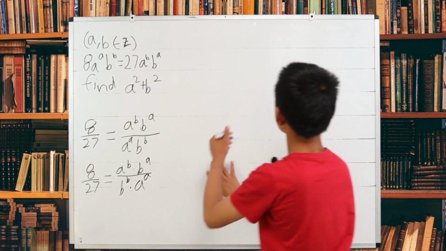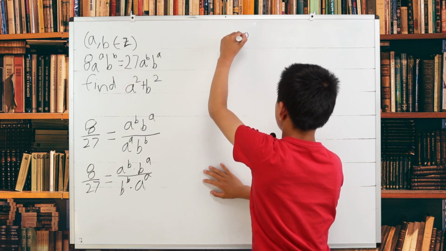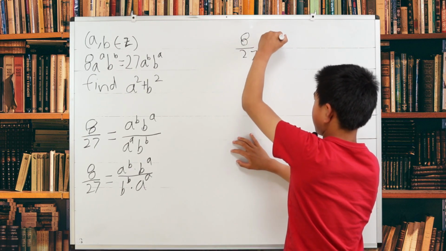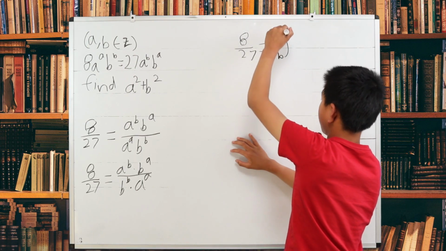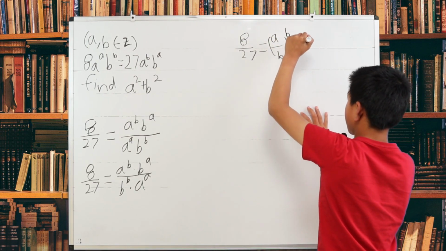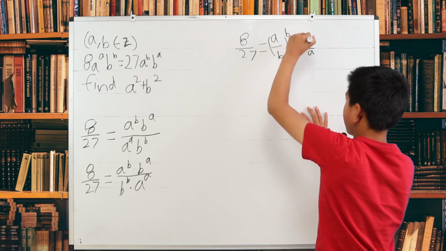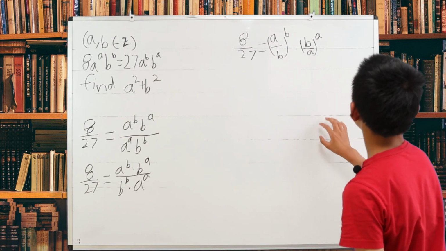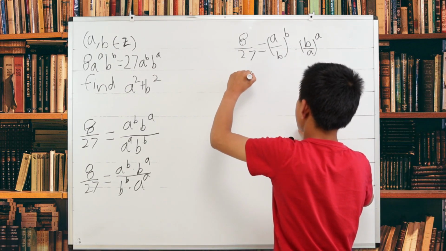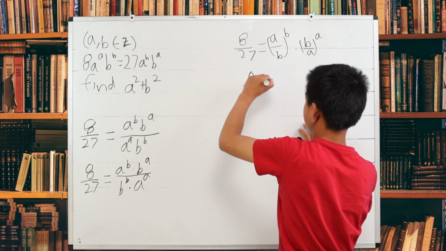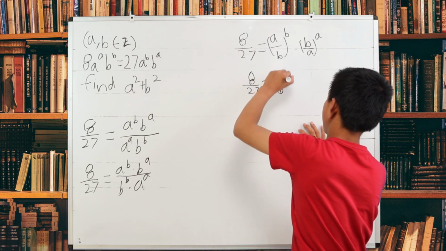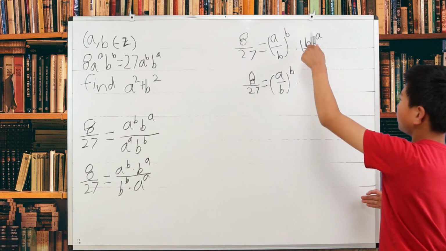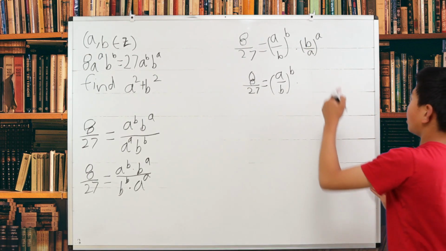Now I can rewrite this as 8 divided by 27 is equal to a divided by b to the power of b times b divided by a to the power of a. We can still keep on rewriting this. Our next goal is to make this a flip over, so we can do that by making it a negative power.